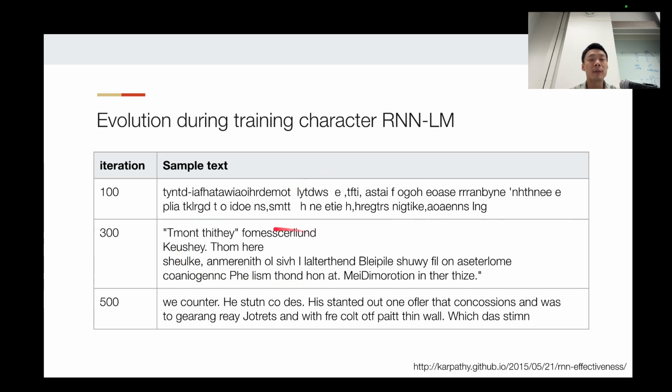At 300, it's still gibberish, but if you look at it from 50 meters away, it looks like English. But if you actually read it, it's not English. At 500 iterations, you can see that it picks up words, like "counter", "his", "one", "that", "wish". Some of the function words that they see more often, the model already picked up. So you can see the evolution during training.